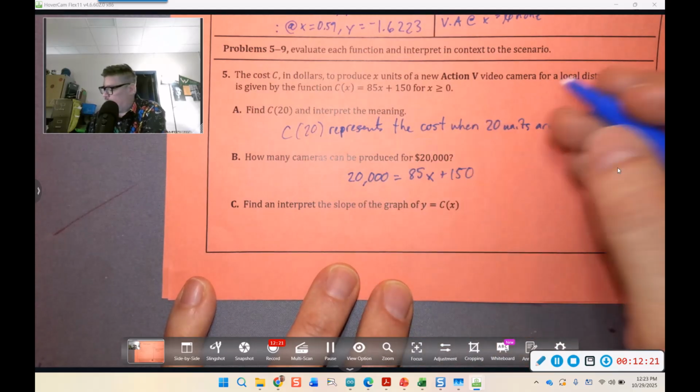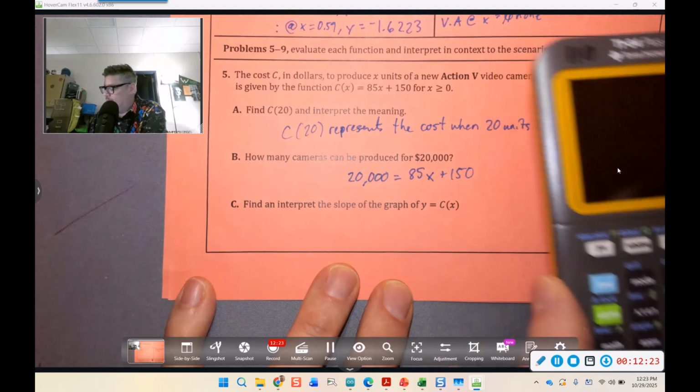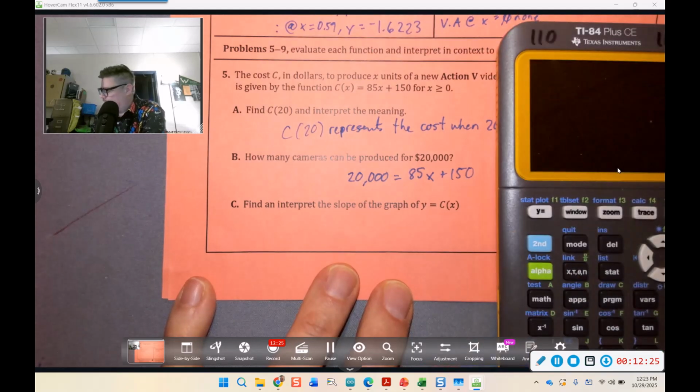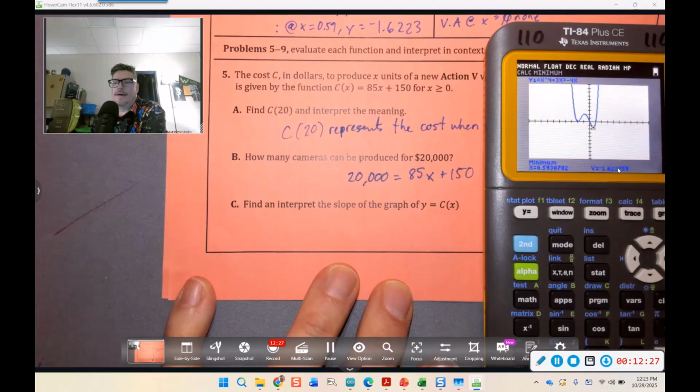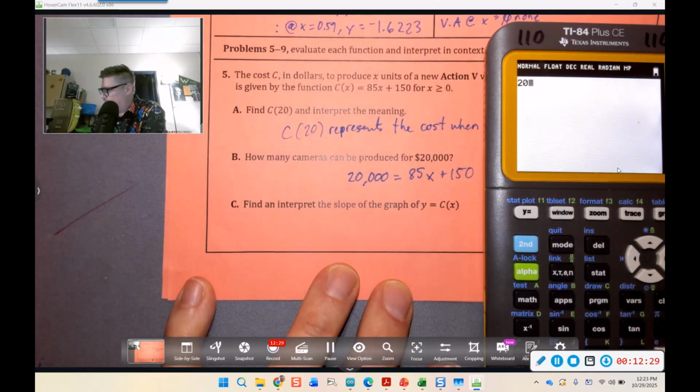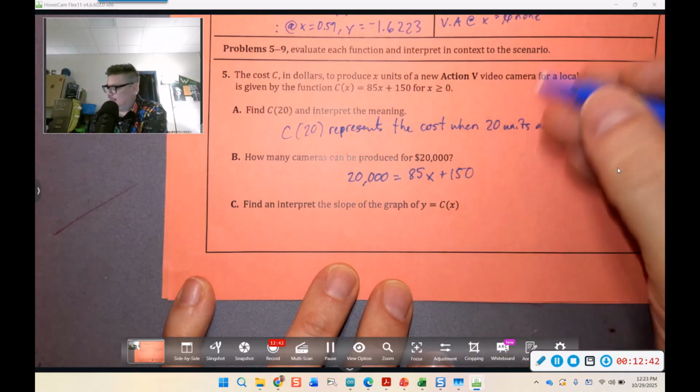So we're going to do a couple quick algebraic steps here. I'm going to use my calculator: 20,000 minus 150, because I got to put the 150 over to the other side. It'll become negative. Then I'm going to divide by 85. And it says about 233.53.